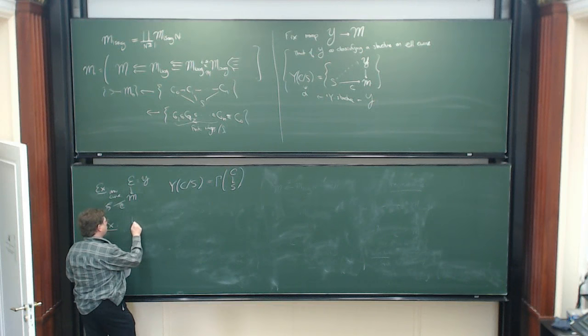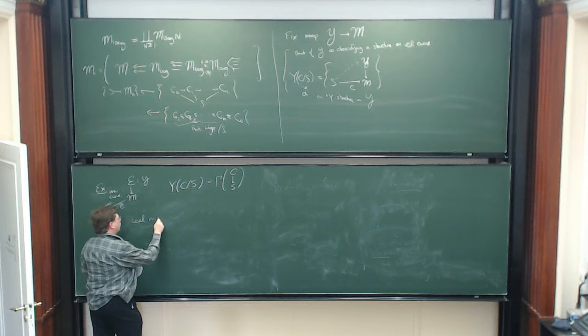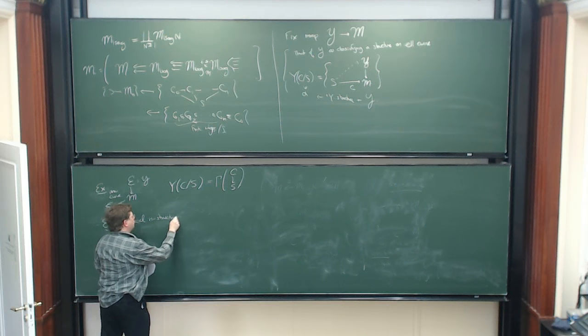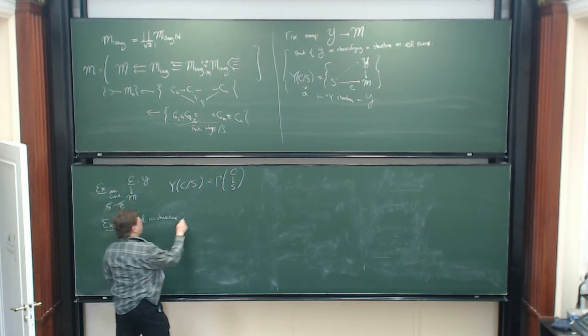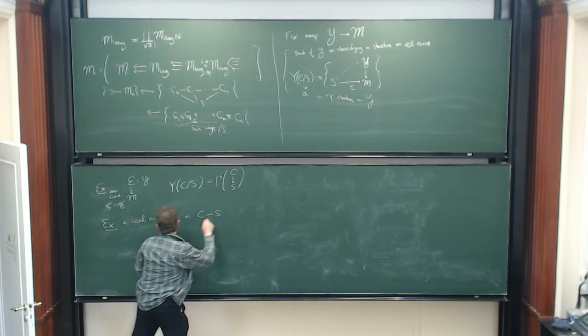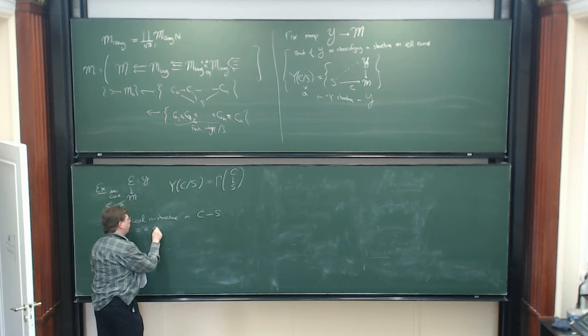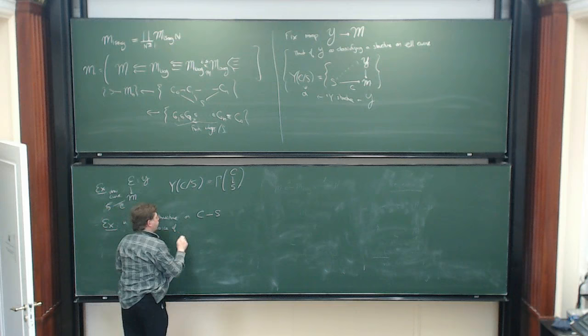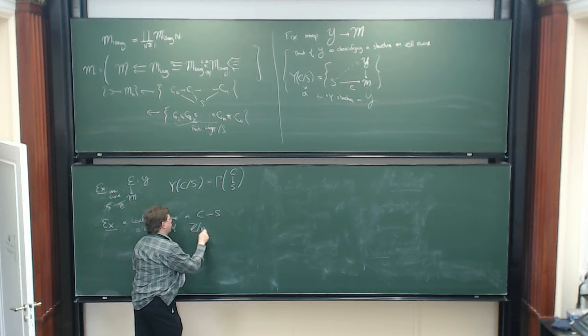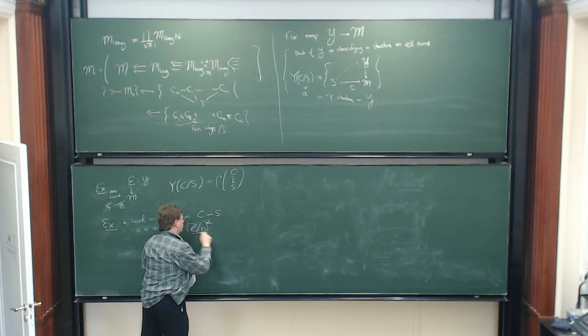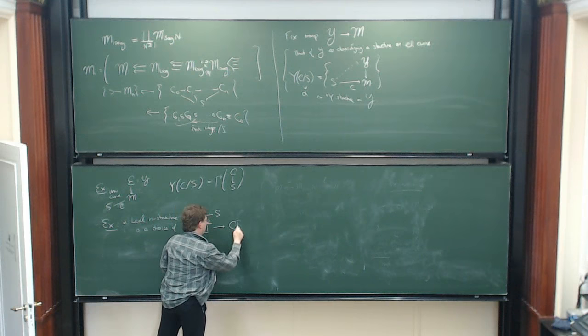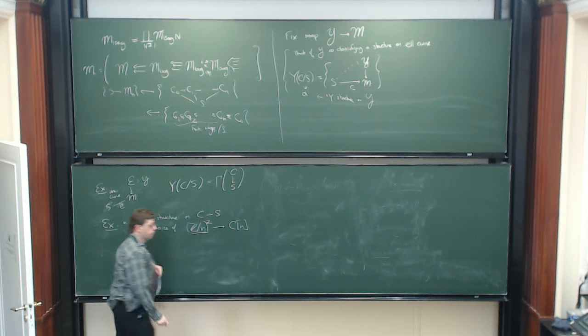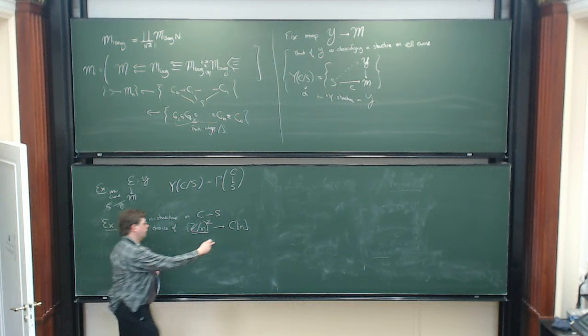This uses the notion of a level n structure, little n. So a level n structure on a curve is a choice of isomorphism of groups from the discrete group Z mod n squared to the n-torsion of C. That's a subgroup scheme.